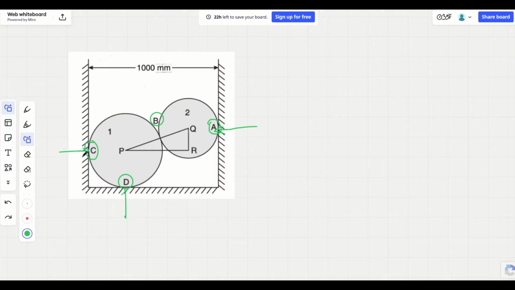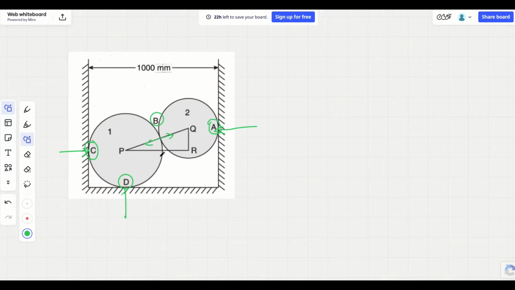Like this. But at point B, how will it be? It is making reaction with both the spheres, so it might be like this.